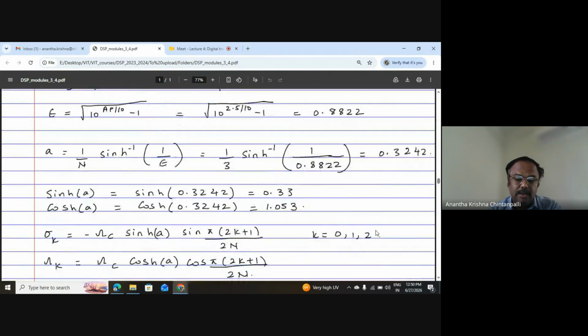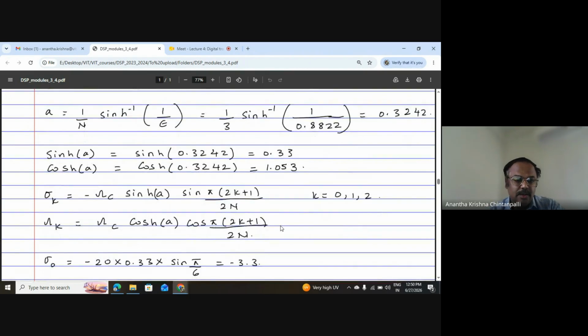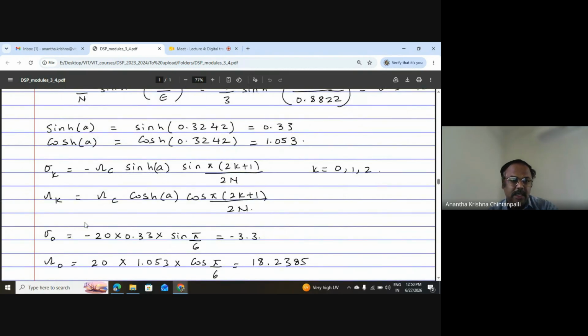Then what you do is, this is the formula for sigma k and omega k. K goes from 0, 1, and 2. And the hyperbolic sine of A and hyperbolic cosine of A we can compute because they are required here. So when you put k equal to 0, you can compute the sigma naught and omega naught expressions.